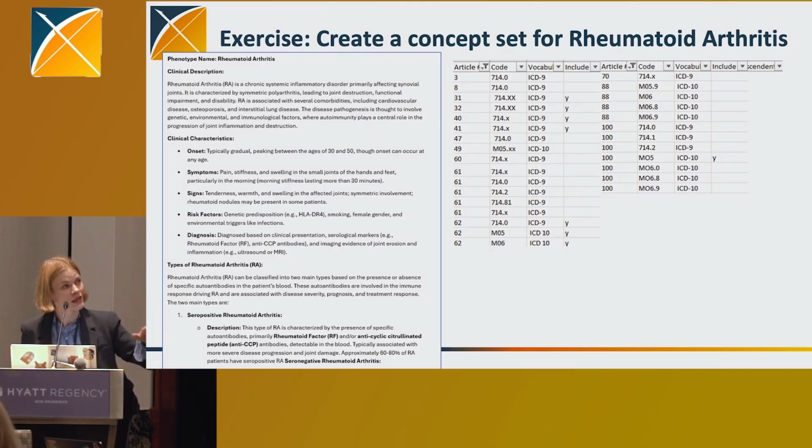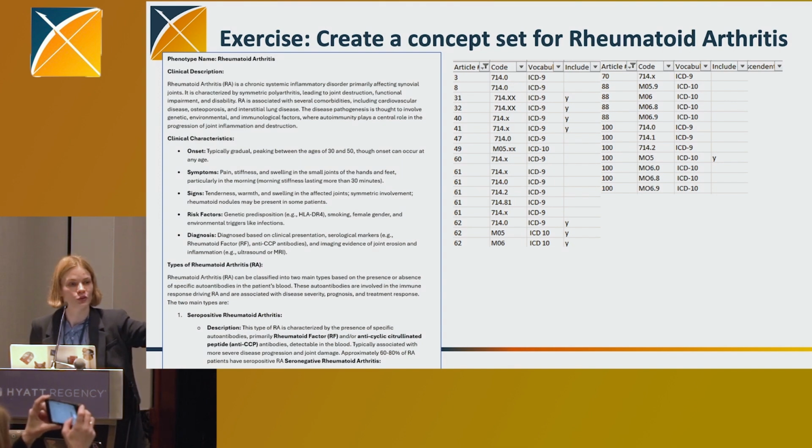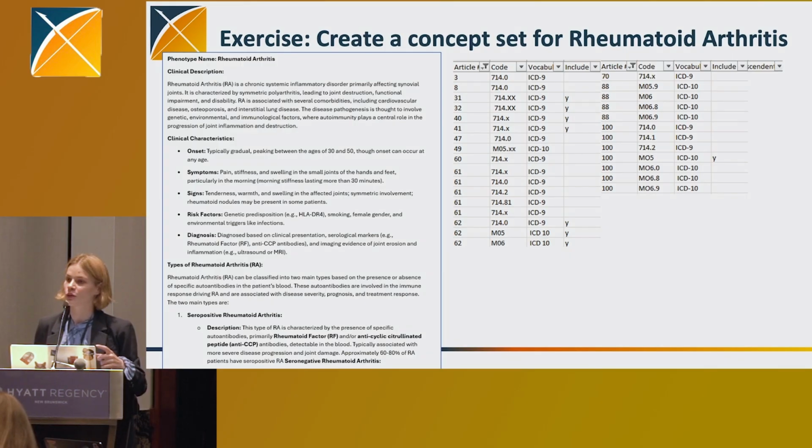There is a list of codes that you can cross-reference that other people in their research thought should be included in the concept set of rheumatoid arthritis. This is not to mimic, this is not to recreate, this is just for you as an inspiration when you think about included concepts, to think, oh, what did other papers include, and do I want these codes?